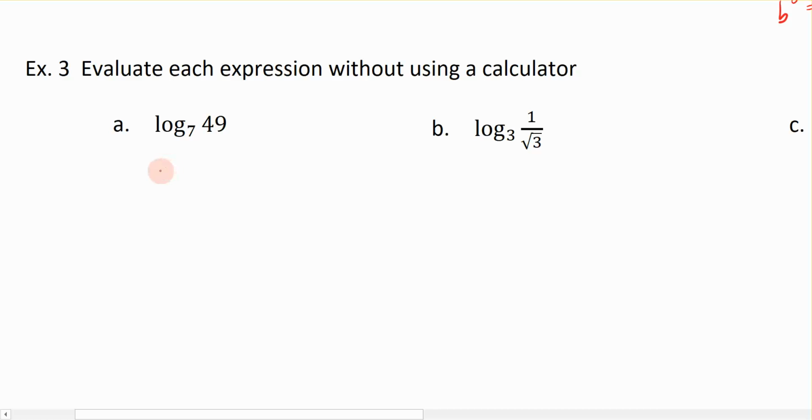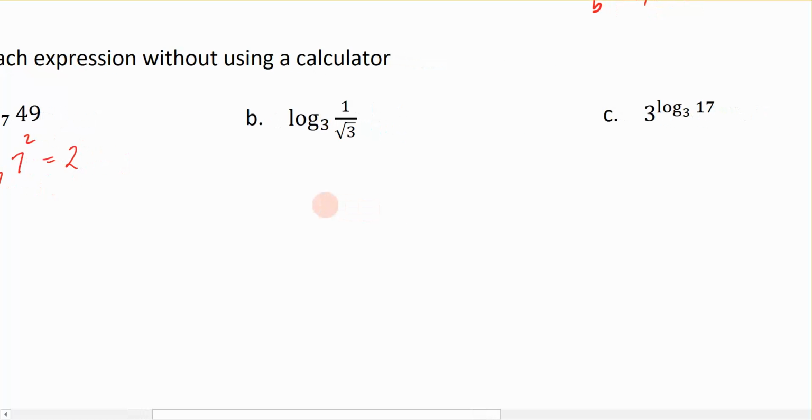So I can rewrite this as log base 7, and 49 is 7 raised to the 2nd power. So base 7, argument base 7, and therefore this would evaluate to just this exponent of 2. So that's how I can evaluate it without using a calculator.